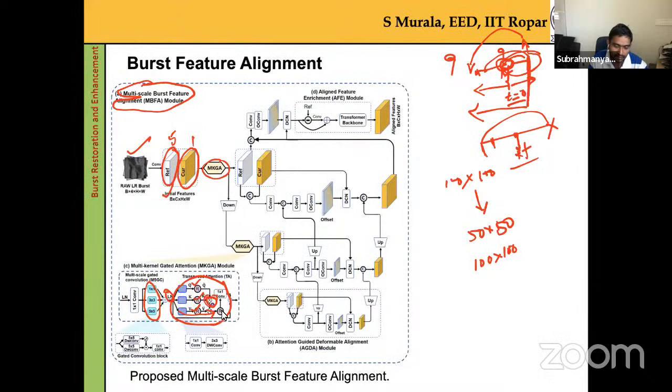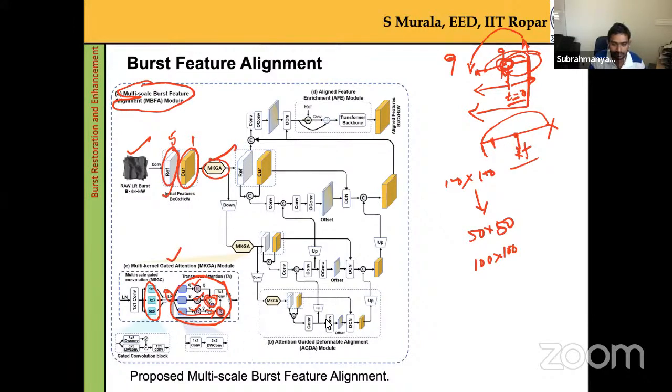Based on that I get the output R, which is the attention multiplied with the input feature maps. Where actual information is there, it gives more importance, and where unwanted information is there, it gives less importance. Like that I have one block here, and after that I perform one downsampling operation.